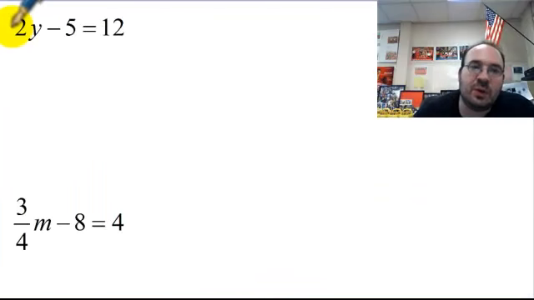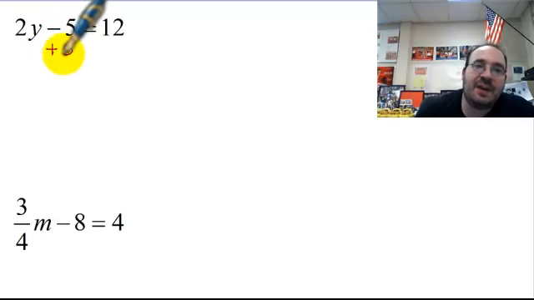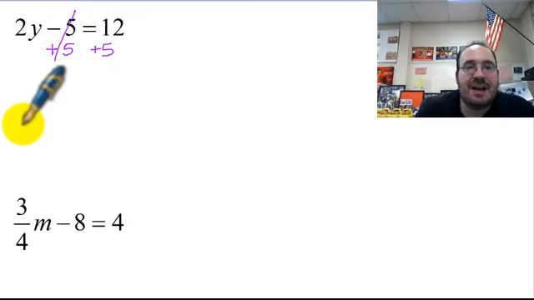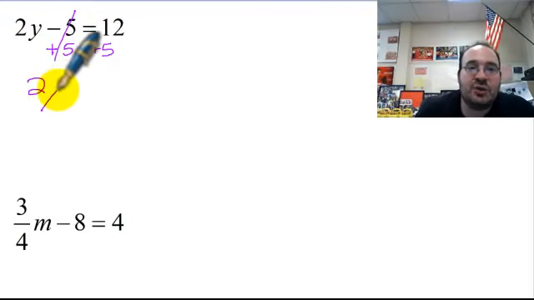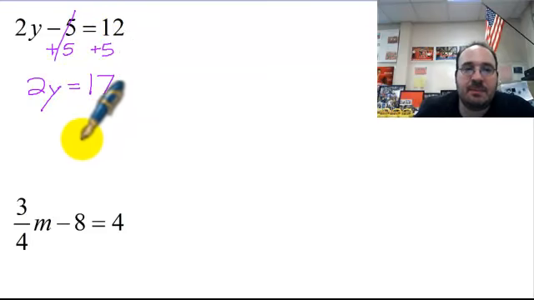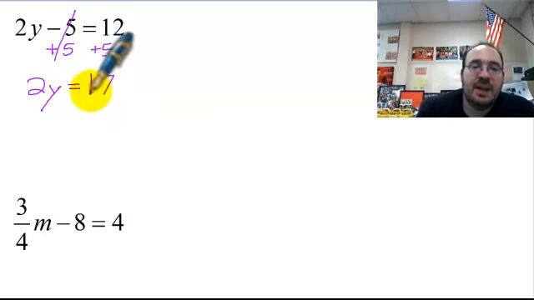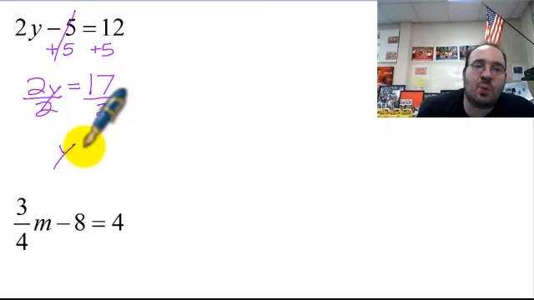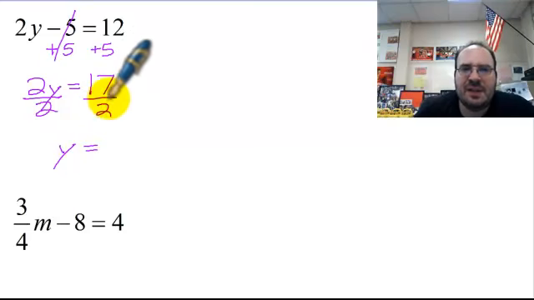Okay, let's do another one. 2y minus 5 equals 12. I'm going to add 5 to both sides. The 5's will cancel, and I bring down the 2y. And then 12 plus 5 is 17. And now I'm going to divide both sides by 2, and I get y equals 17 divided by 2.